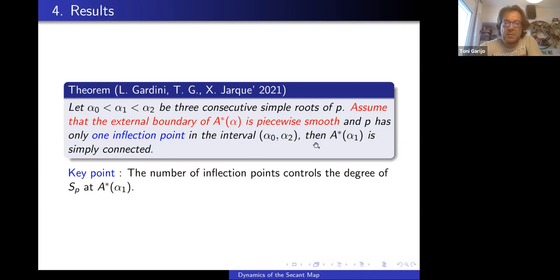This happens basically because the inflection points control the degree of the polynomial. If you have only 1 inflection point, then the degree is 1, and the immediate basin of attraction is simply connected.